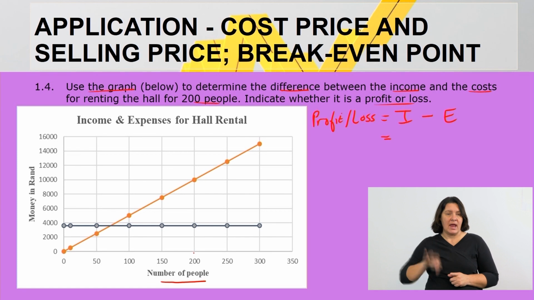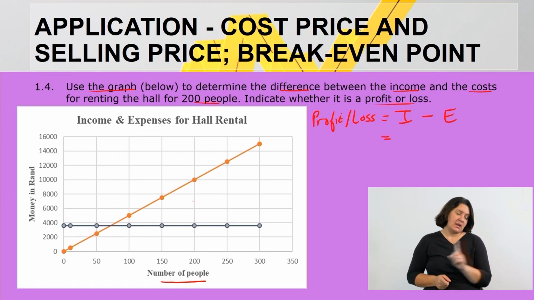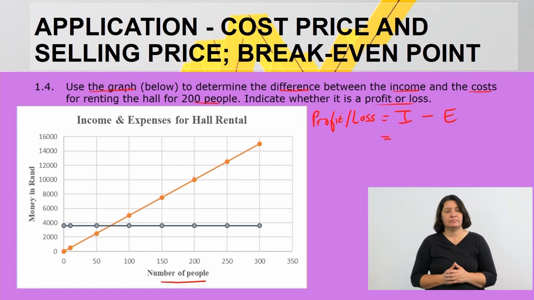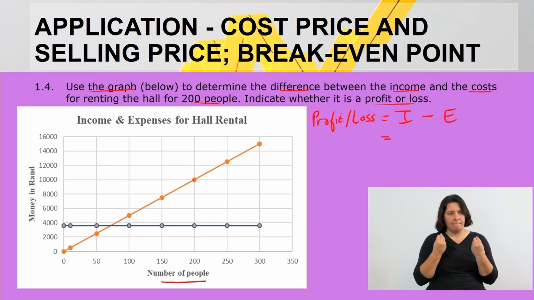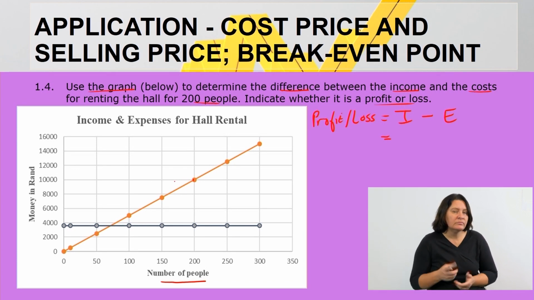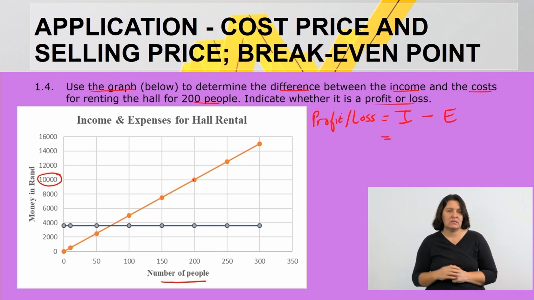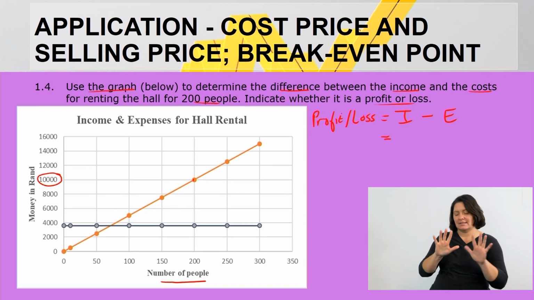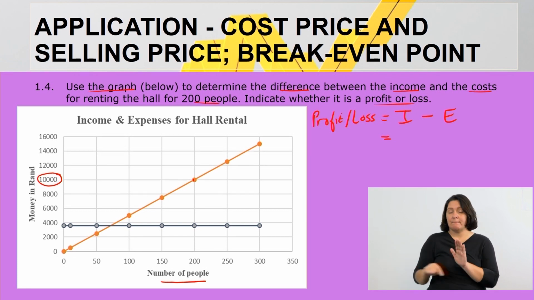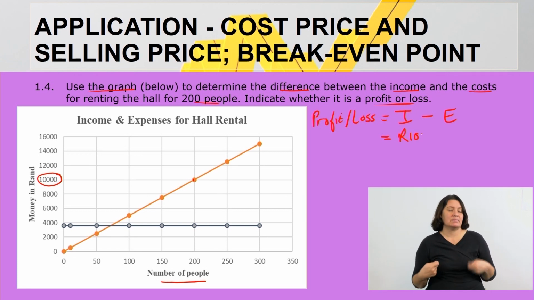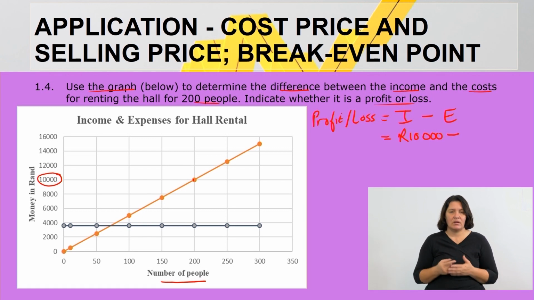So I'm going to move all the way up until I intersect with the graph for income, right? So it's there. Then I will move to my left-hand side, and I'll find that my income for entertaining 200 people will be 10,000 Rand. So therefore, I'm going to substitute, and I say this is 10,000 Rand minus. Now I'm moving on to my expenses. Remember, still the same amount of people, right? That is 200.